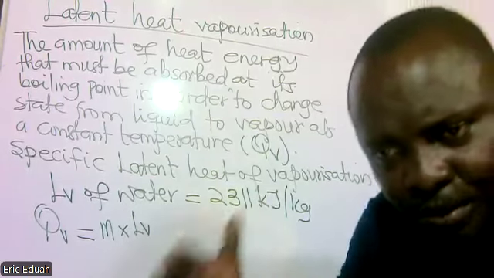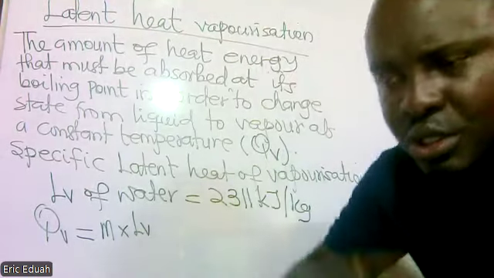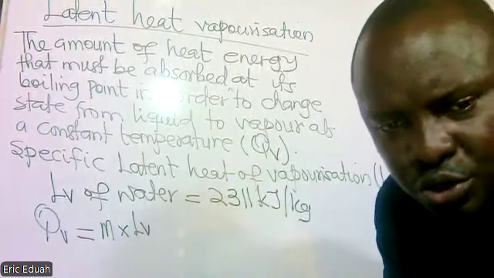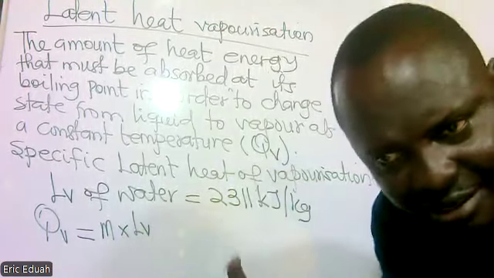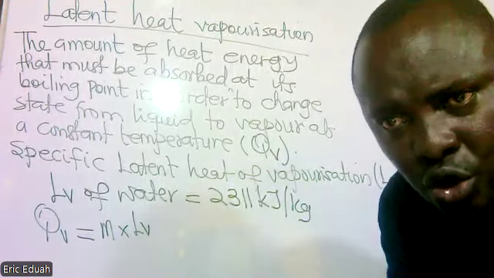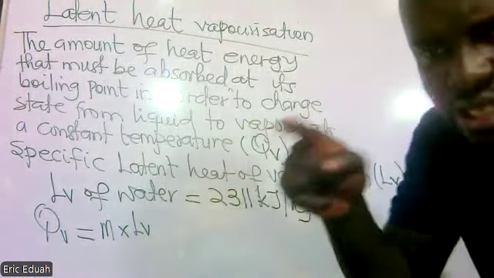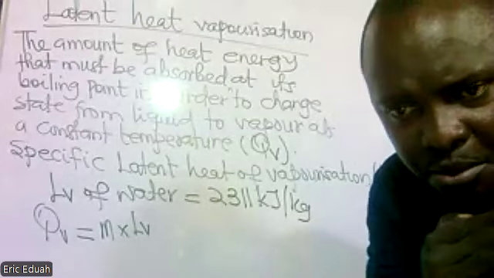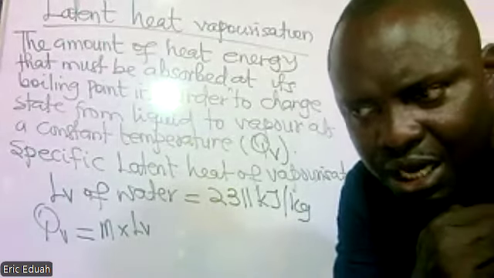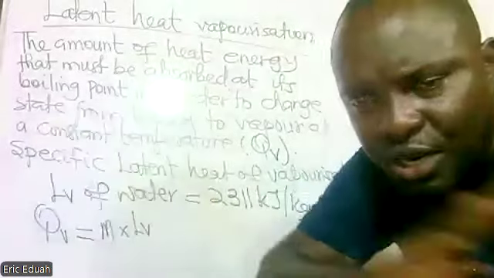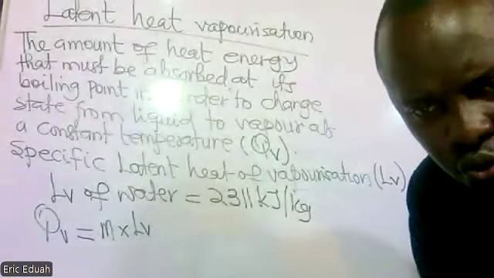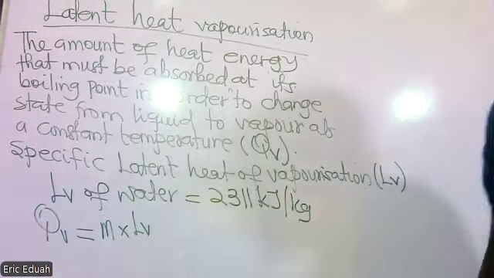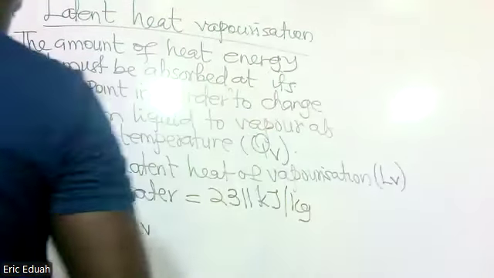Then it will take some time for every liquid water to turn to ice. So the change of state occurs at the freezing point of water, which is 0. But when it starts, the temperature does not change, until every liquid water turns to ice. That is why we are saying that change of state occurs at a constant temperature.